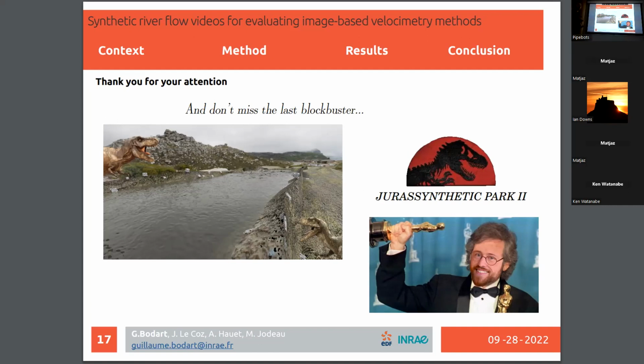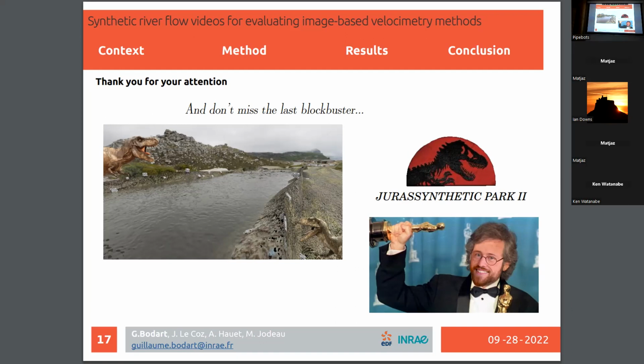Were you able to compare the simulated runoff with the measured runoff? Well, this is what I just showed, no? I don't really understand the question. We compared the reference velocities that we have, which are the simulated velocities, to velocities measured with LSPIV. Runoff meaning discharge? Oh, discharge.